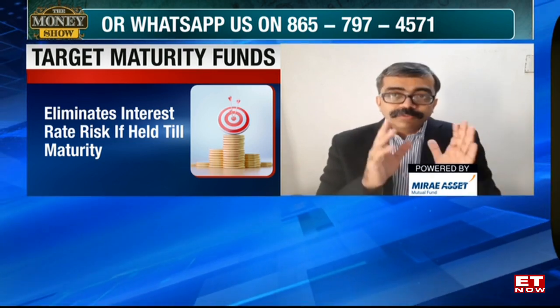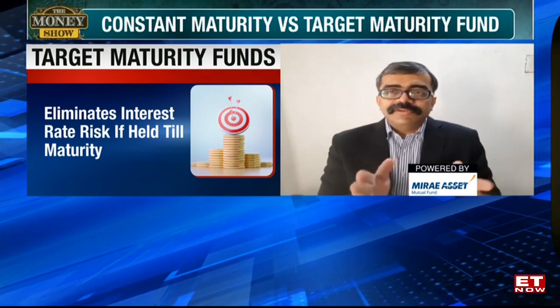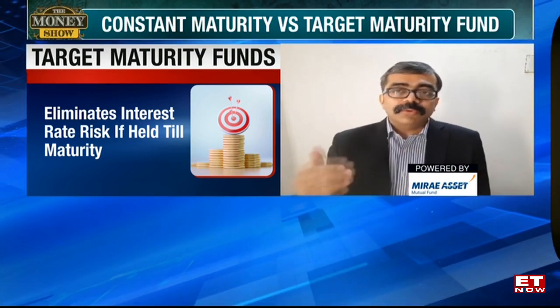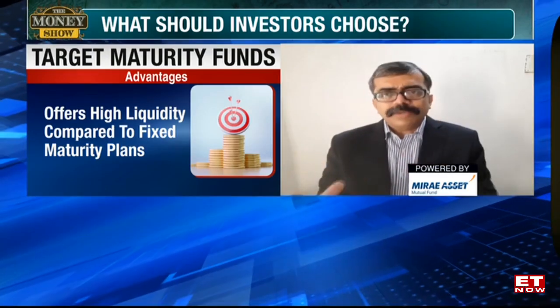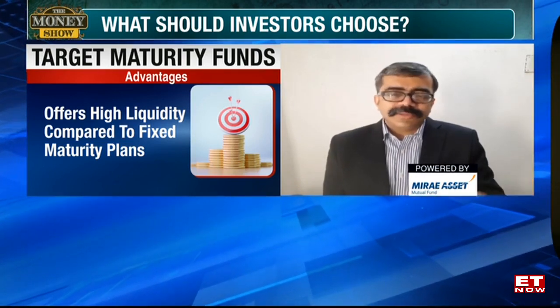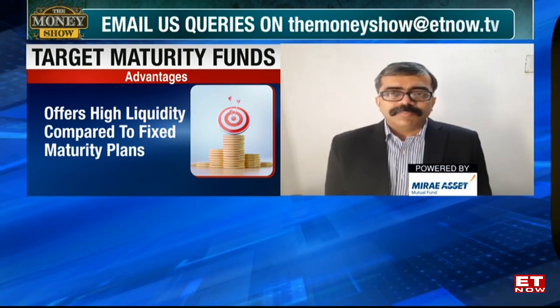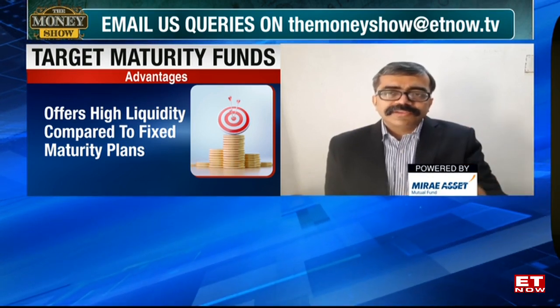But if you still hold it till maturity, ultimately it will come down and settle at the level at which you invested. Now, a constant maturity fund is open to interest rate risk, which means that as the rates fluctuate in the economy, as the secondary bond market yields change, you will find that the rate of return here also changes.